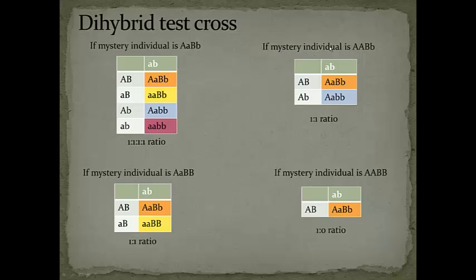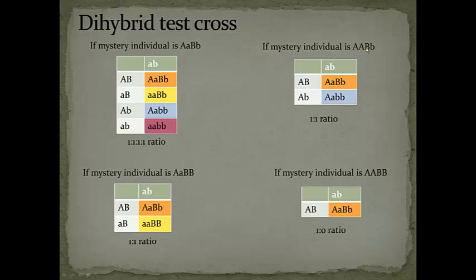If your mystery individual is homozygous dominant for one trait, AA up here and BB down here, and heterozygous for the other trait, Bb up here, Aa down here, well, whatever trait your mystery individual is homozygous dominant for, all your offspring are going to express the dominant version of that particular trait.